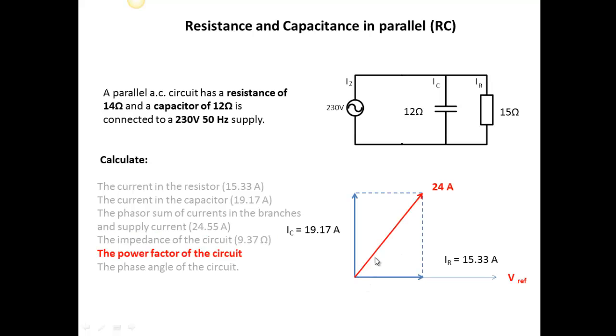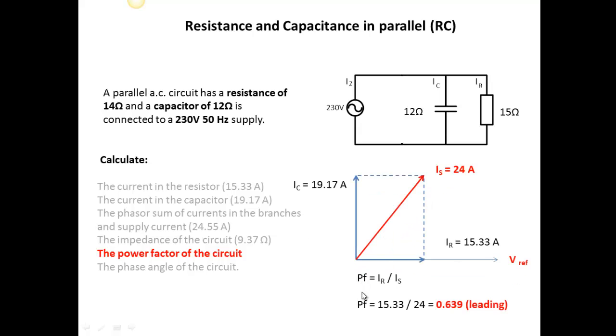Power factor, again, it's this angle here, so it's IR divided by IS. That gives me 0.639, and now it's leading, because it's leading this reference. It's in front of, if we think of the phasors going anti-clockwise, this one is leading this one.